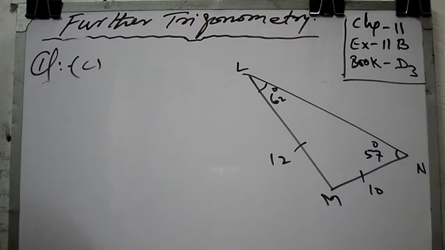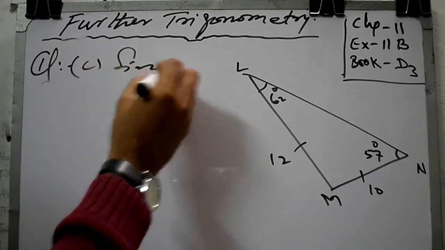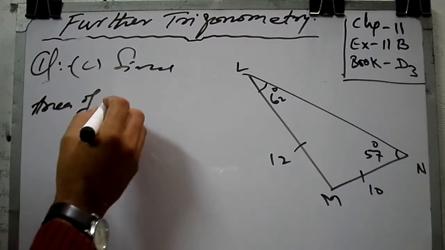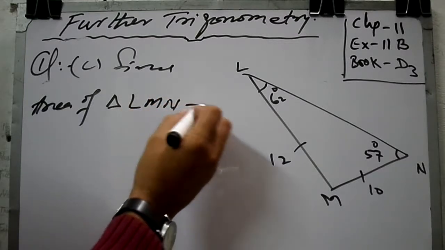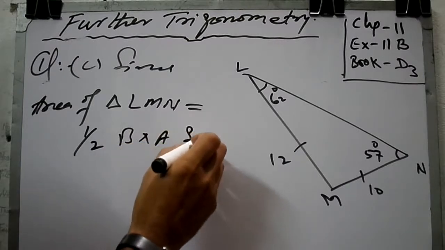So since the area of triangle LMN is equal to half base into altitude into sine M.